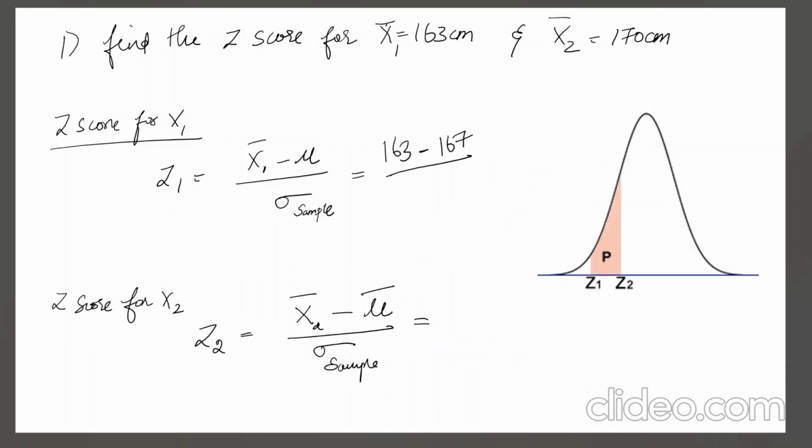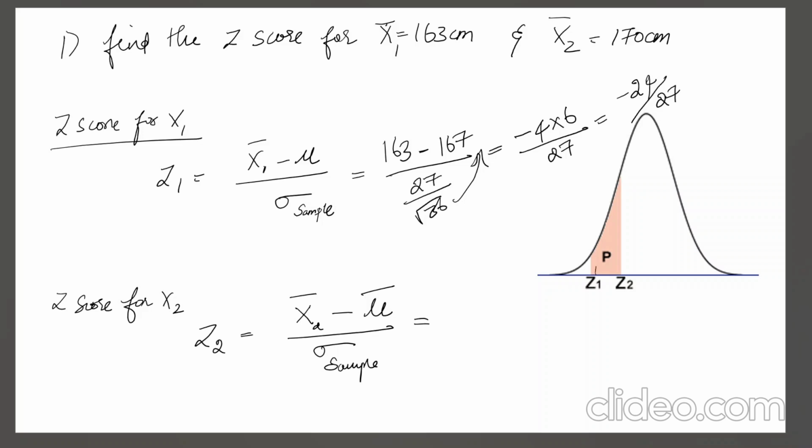The sample size is n, so 27 divided by root 36, which is 27 divided by 6.